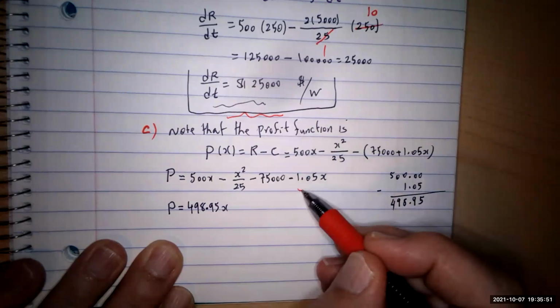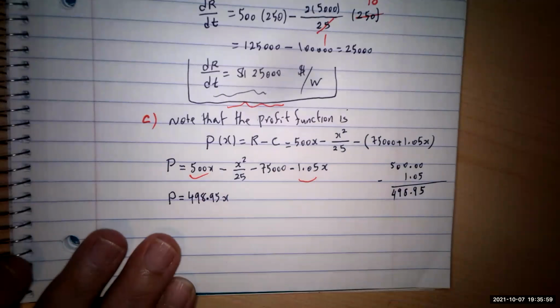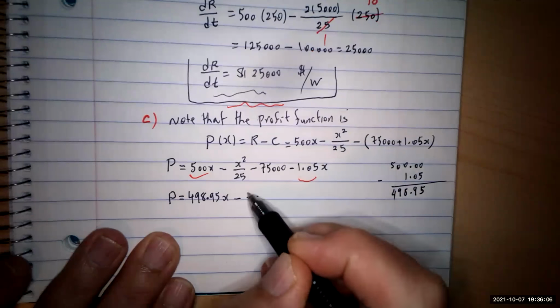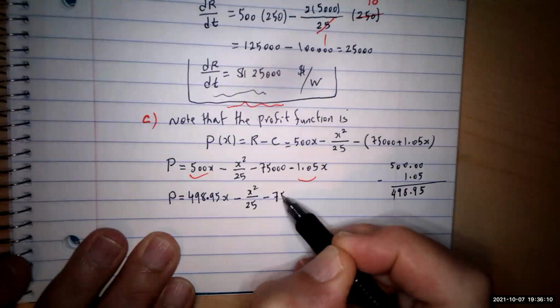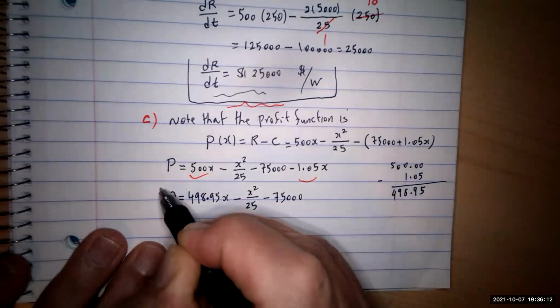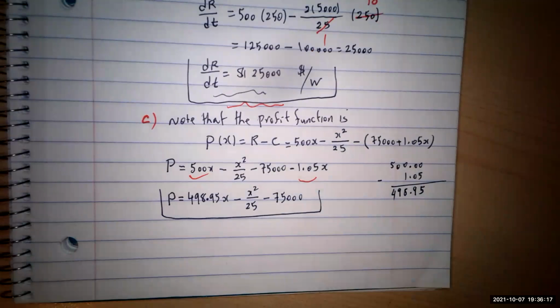You take 1 out of 500, that gives you 499, but you have a 5%, so this would be the result. Then minus x squared over 25, and then you have the number 75,000. So this would be your profit function that you have to differentiate.